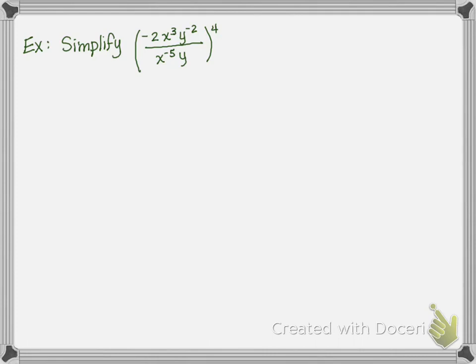So the quotient rule says to subtract your exponents. So we have -2, and then the exponent on my x is 3, and then I'm subtracting an exponent of -5. So that gives me x to the 8th.